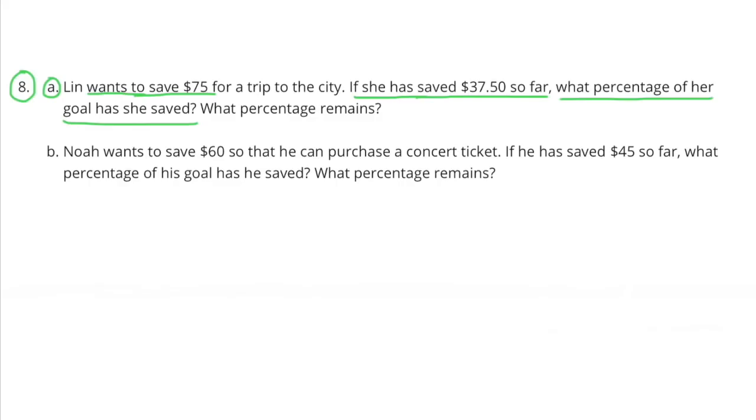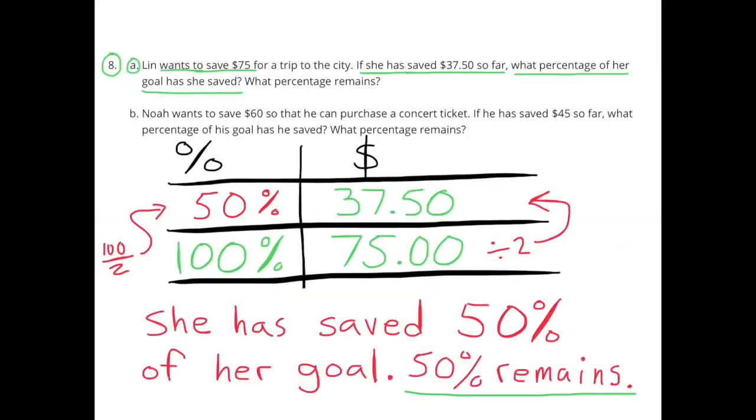Number 8. A. Lynn wants to save $75 for a trip to the city. If she has saved $37.50 so far, what percentage of her goal has she saved? What percentage remains? 100% of her goal is $75.